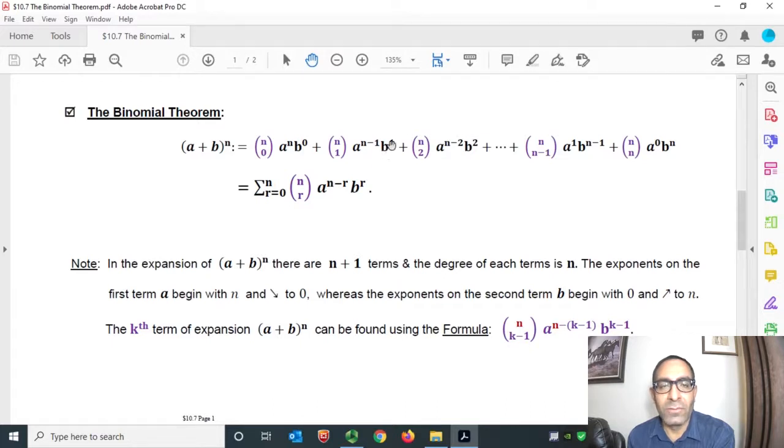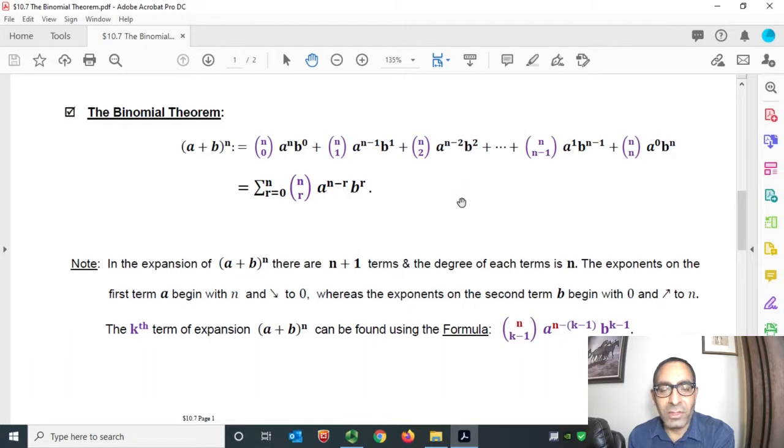We increase the power of b from the first term. Similarly, in the third term, a to the n minus 2 times b squared. So here again we subtract 1 from the power of a, we raise the power of b by 1 from the previous term, and so on. I hope this pattern makes sense to you all.